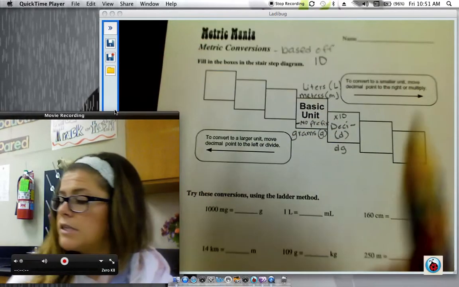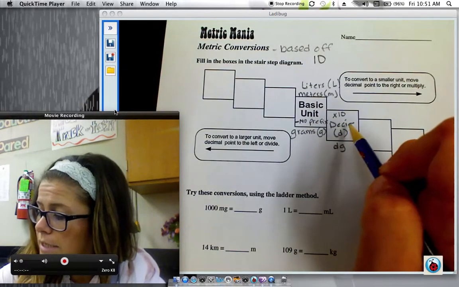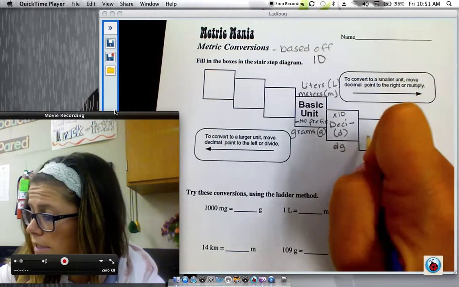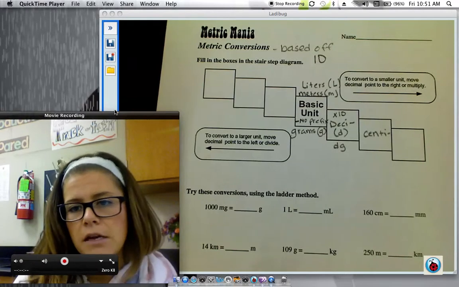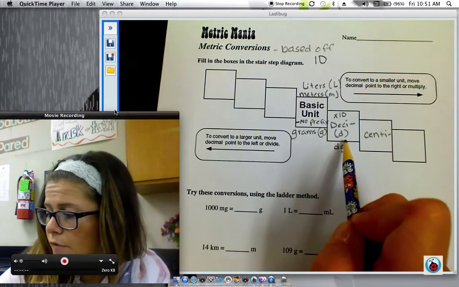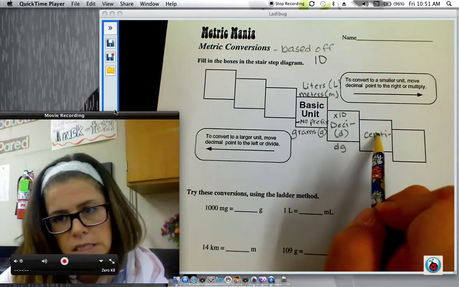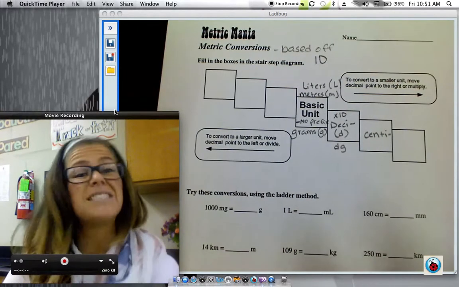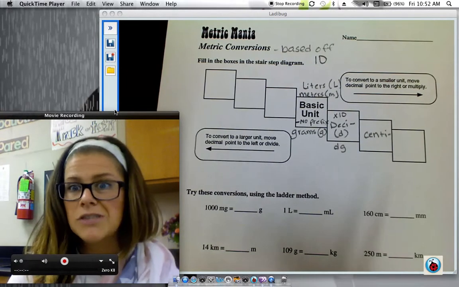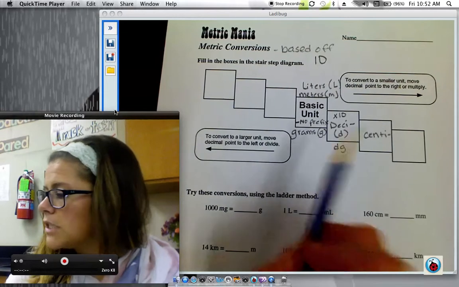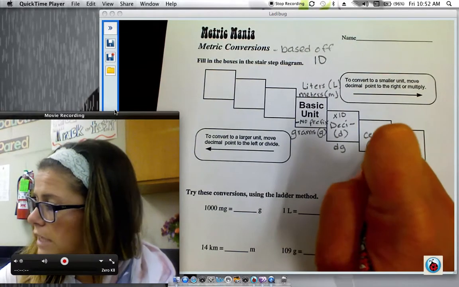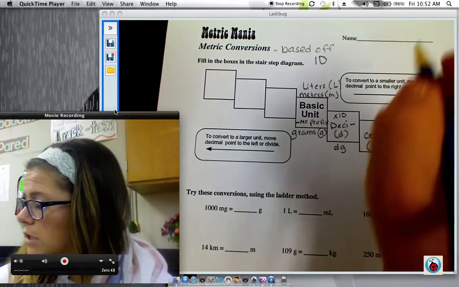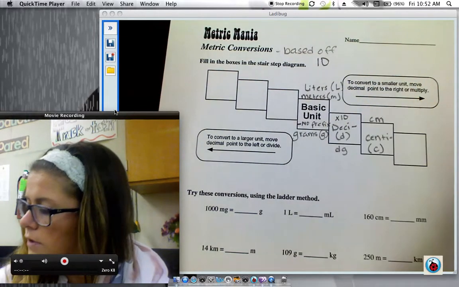If I go then from deci to this next one, which is centi, I would multiply whatever number I have by 10 to go from this one to this one. Okay, makes life really simple, and that's why the metric system is awesome. So this is our deci. The next one, like we said, was centi. The abbreviation for centi is C. If we are talking about centimeters, we'd write cm.